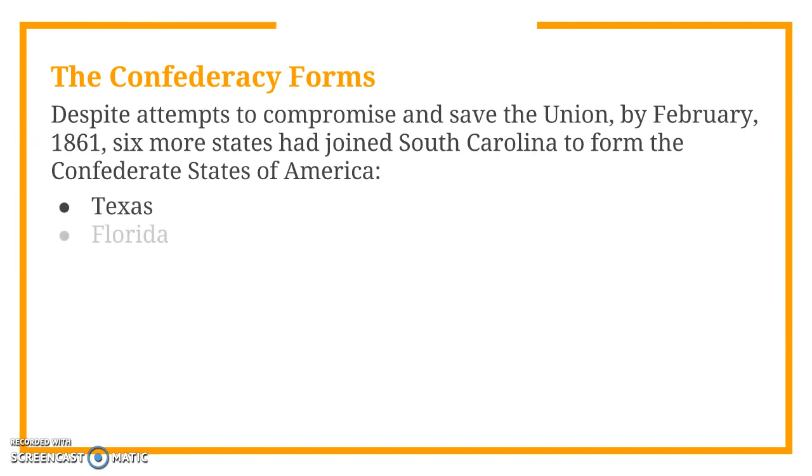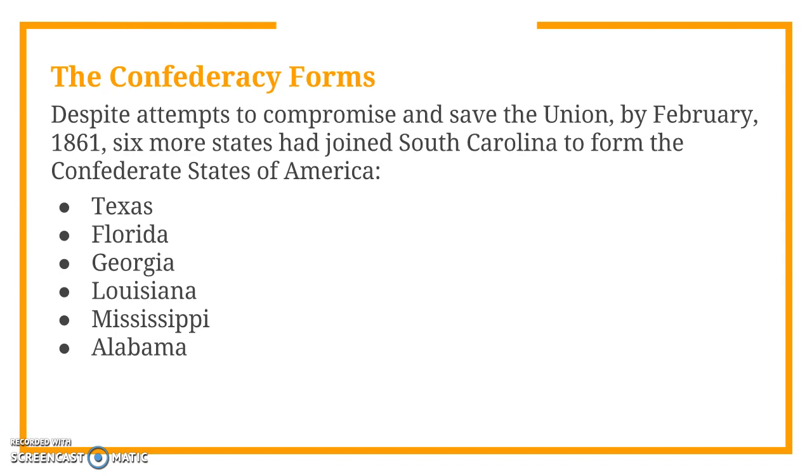These 6 states were Texas, Florida, Georgia, Louisiana, Mississippi, and Alabama. So the whole rise in sectionalism that we talked about earlier in the first video is now really coming to its most extreme consequences, where we have 7 states that have broken away and are looking to form their own separate country.